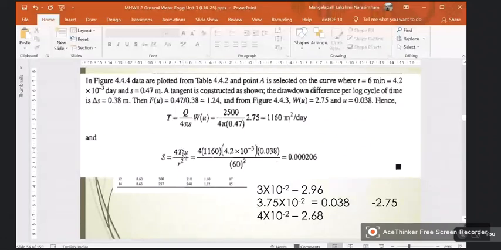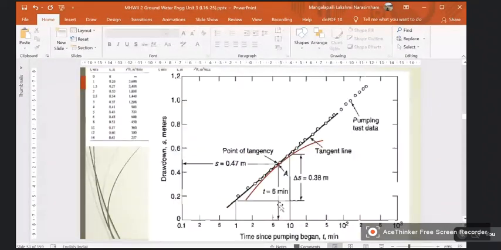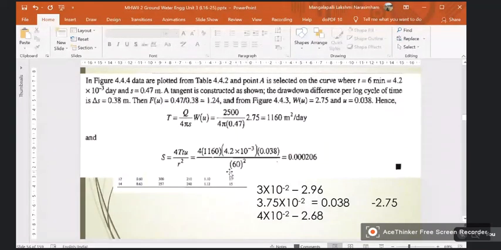Now what is the small t? Small t is from our point of tangency. So it is 6. So this is how we get the value of capital S.